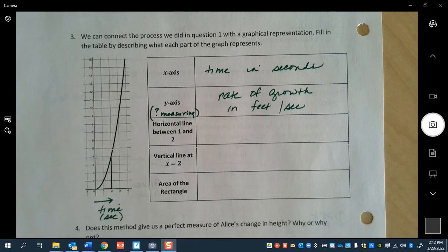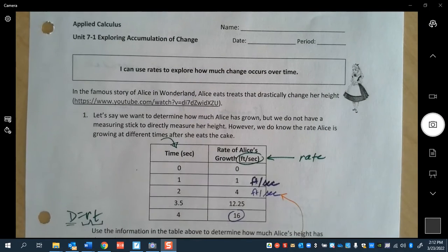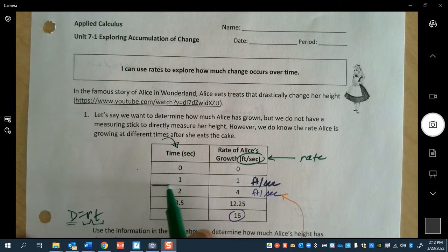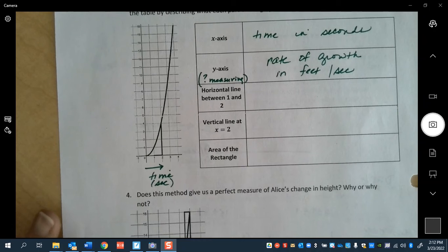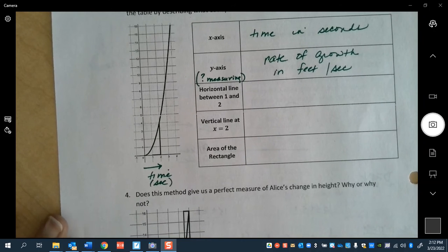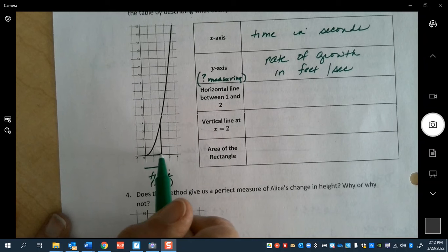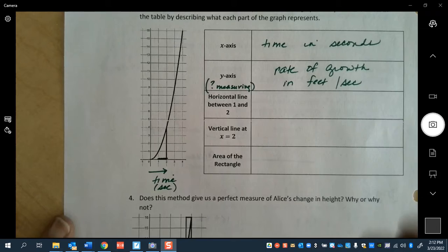So when we talk about the horizontal line between 1 and 2, what do you think that that represents? Horizontal line between 1 and 2.